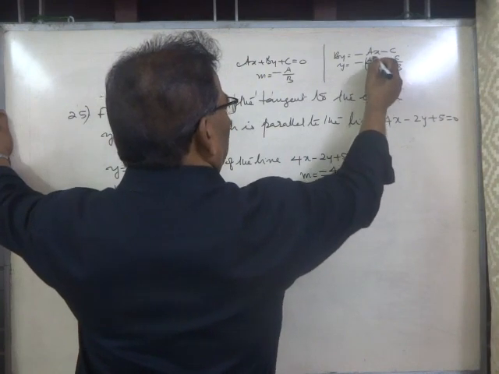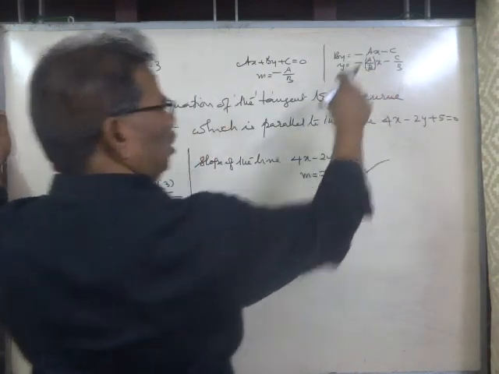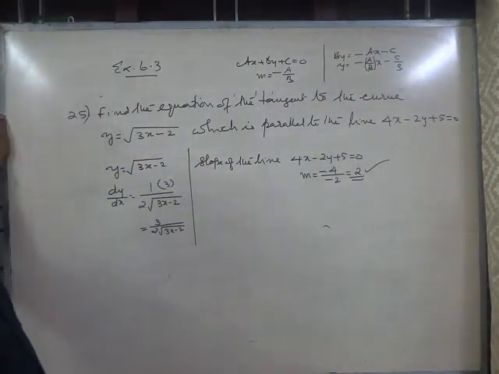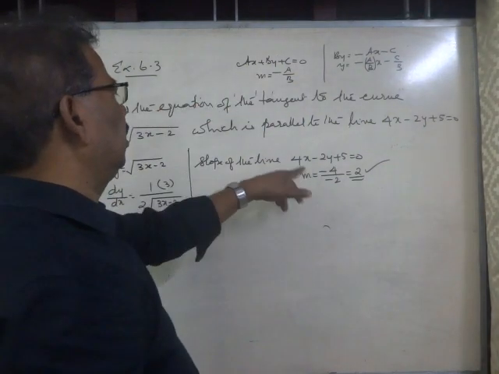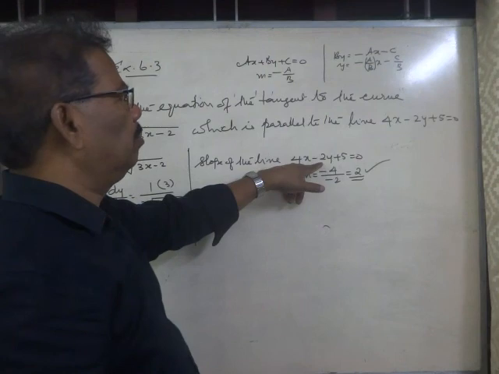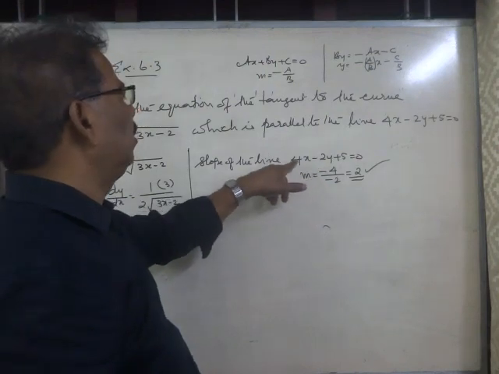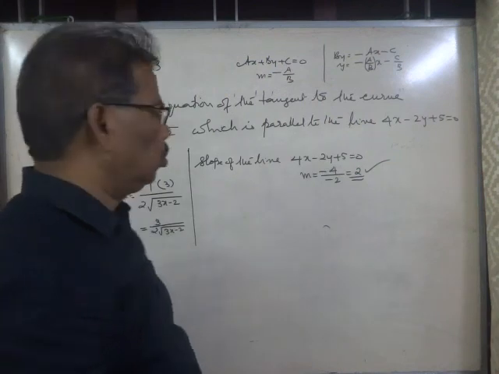This is of the form y equals mx plus c. Therefore, minus a by b will give you the slope of a line of the form ax plus by plus c equals 0. Here a is 4, b is minus 2. Therefore, minus of 4 divided by minus 2. Therefore, slope is 2.